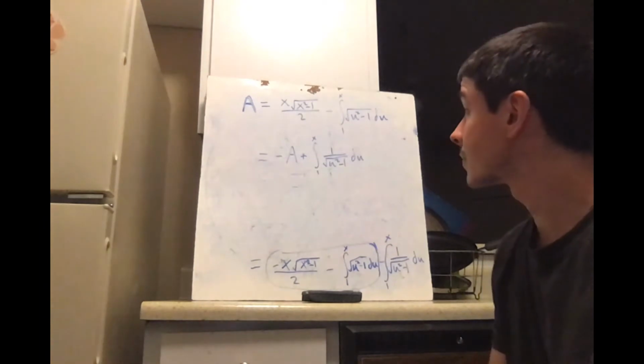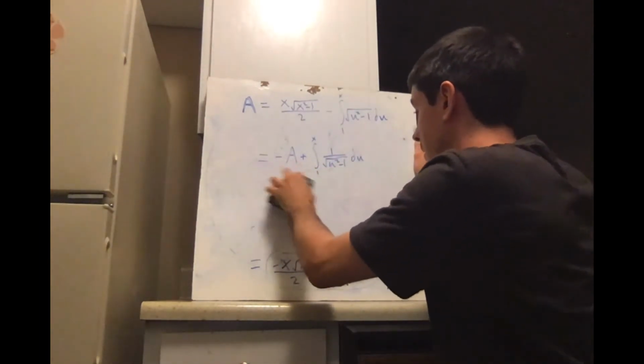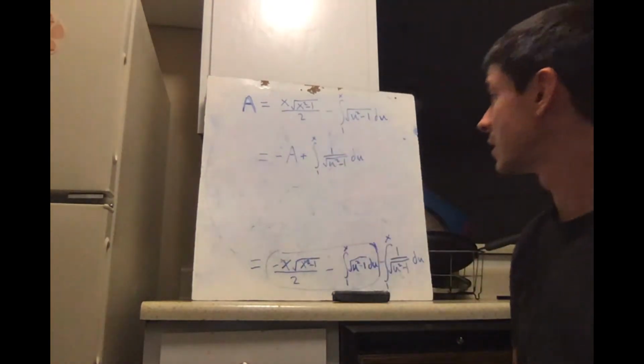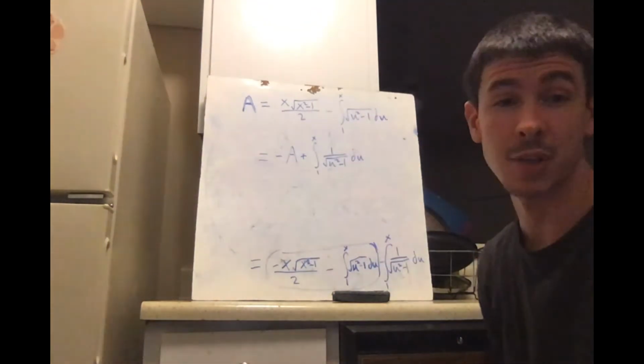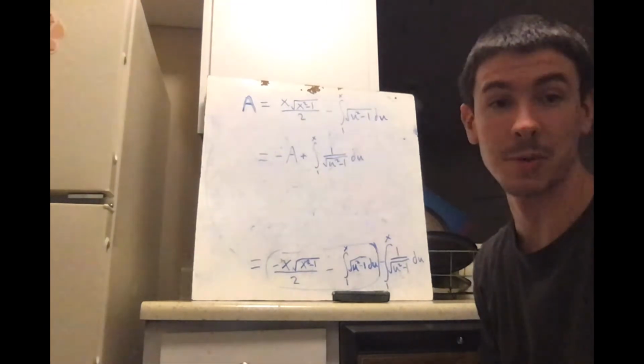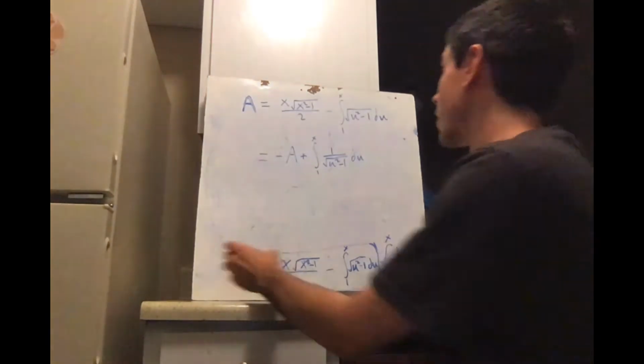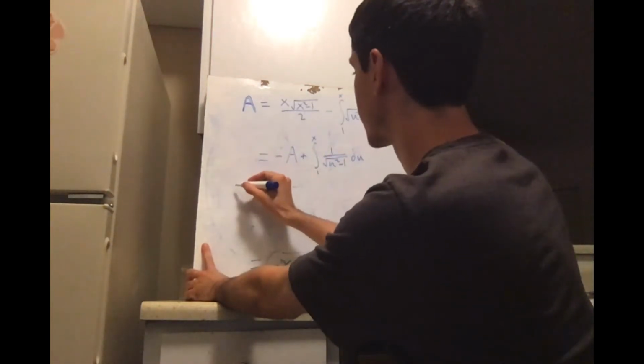From this we can do the same trick that we've done a few times before, when we looked at integration by parts of the trig functions. So we can add A to both sides.